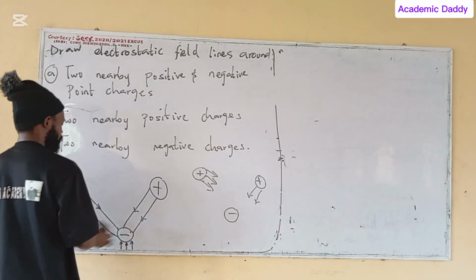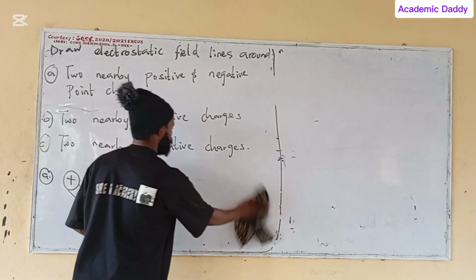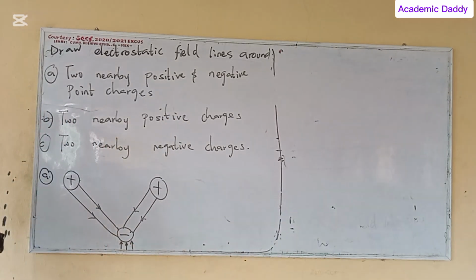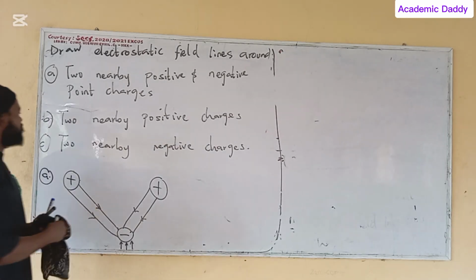So I put two to show that I want it to be equal. So you need to know this. That is for two nearby positive and negative charges.